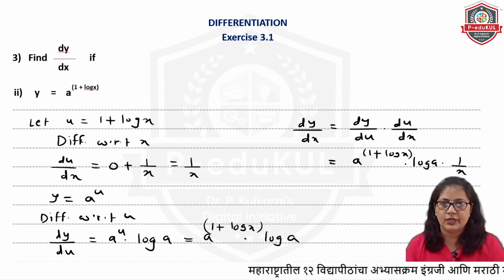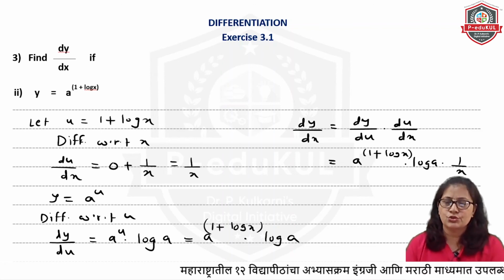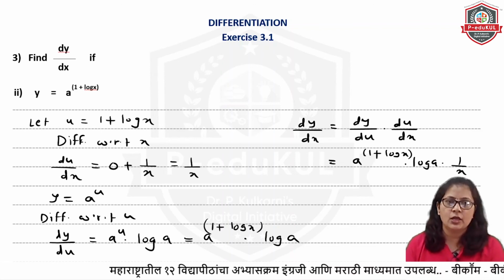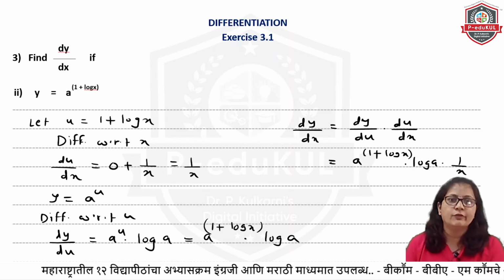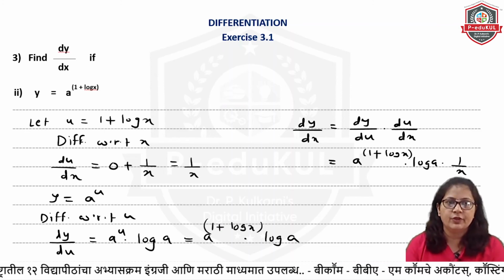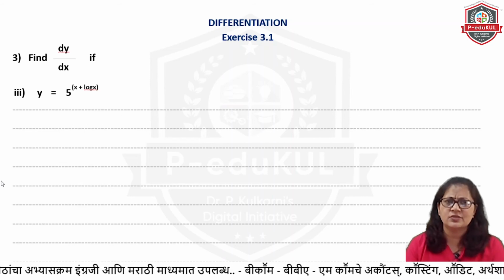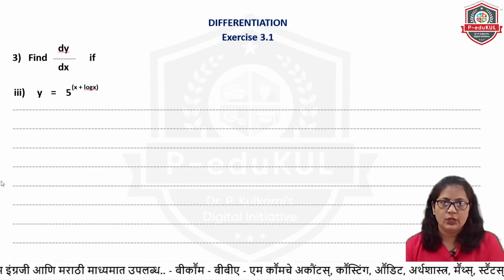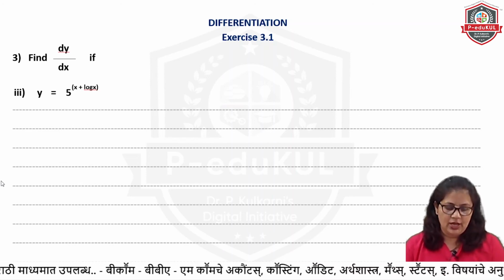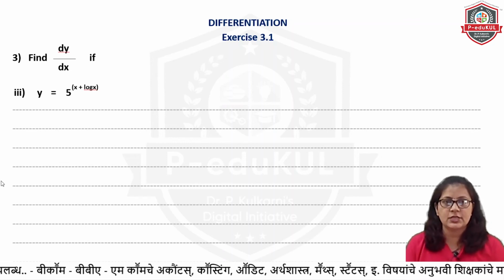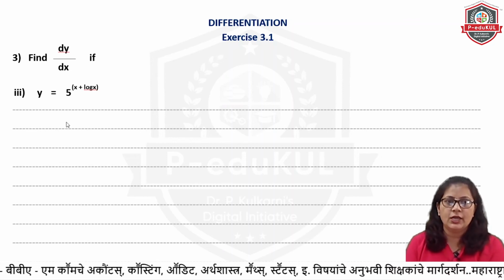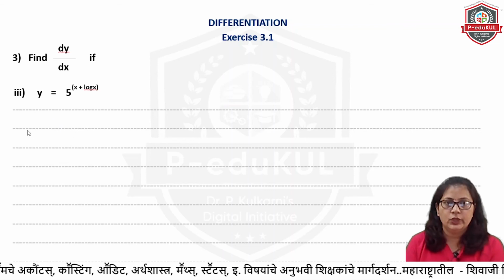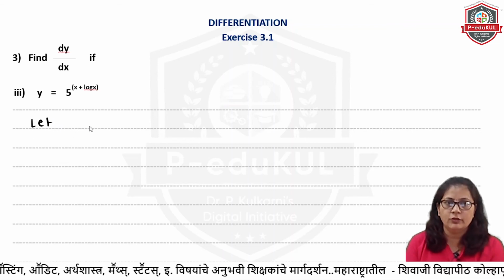This is the answer, final answer. Nothing to solve further anymore, nothing to simplify. So if you know the formulae for the derivative, you will definitely be able to solve this, and these are very simple basic questions. Okay, so let's complete the last question of this exercise. So I hope you all are understanding the questions. Only you need to remember, recall the formulae.